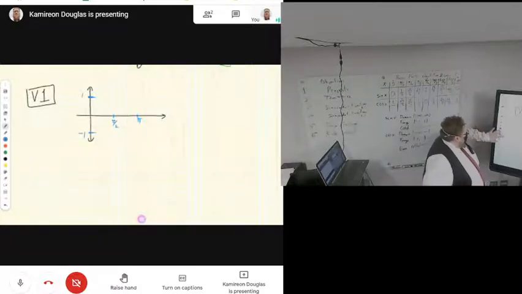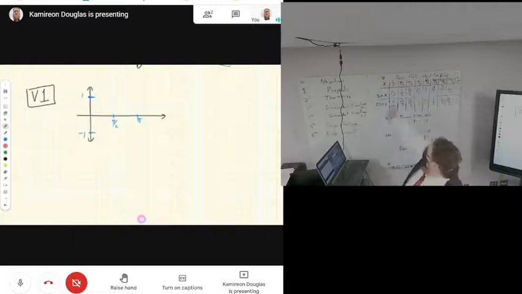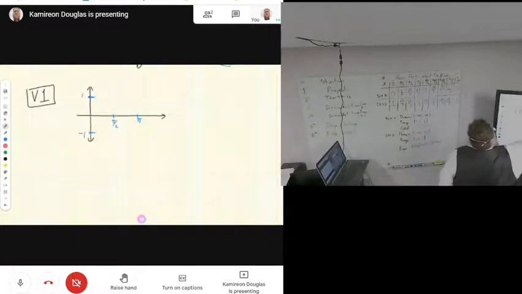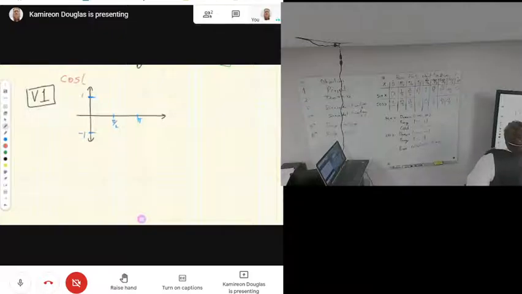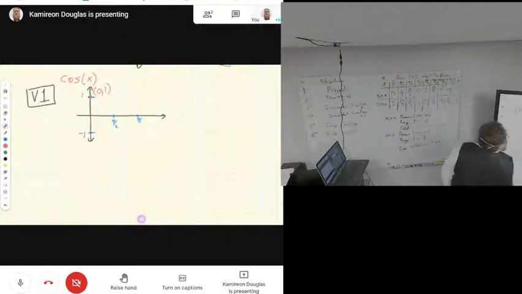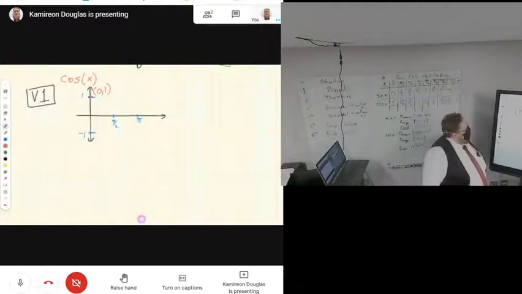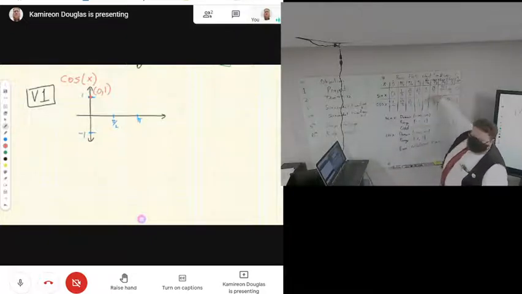All right, mark them up. First one: at 0, the cosine function has a value of 1. So at 0, the cosine is 1. At pi over 2, the cosine function has a value of 0.